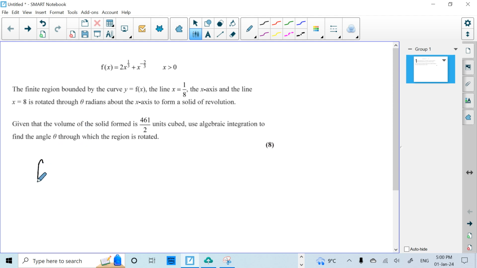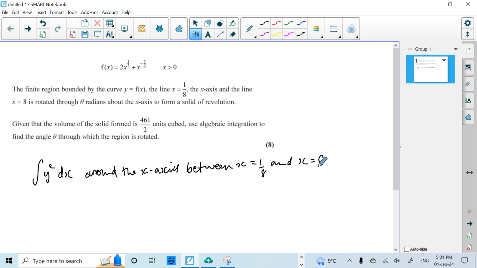So, we're going to find the integral of y squared dx around the x-axis between the points given, between x equals 1/8 and x equals 8, and we're going to find it to theta radians.